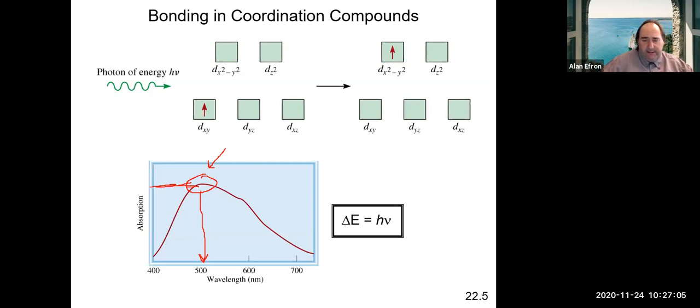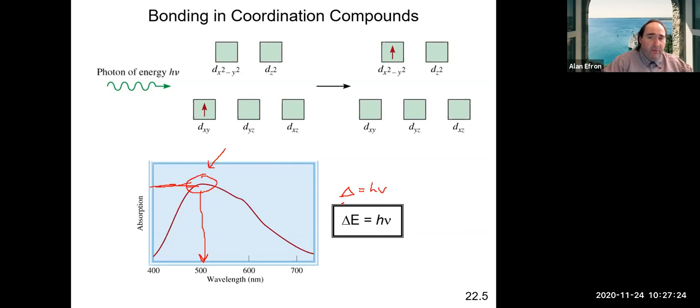So again, this is the equation that we can use to do our crystal field splitting. Sometimes this is even abbreviated with the delta symbol without the E, and you'll sometimes see it just like this. So it's the same idea.